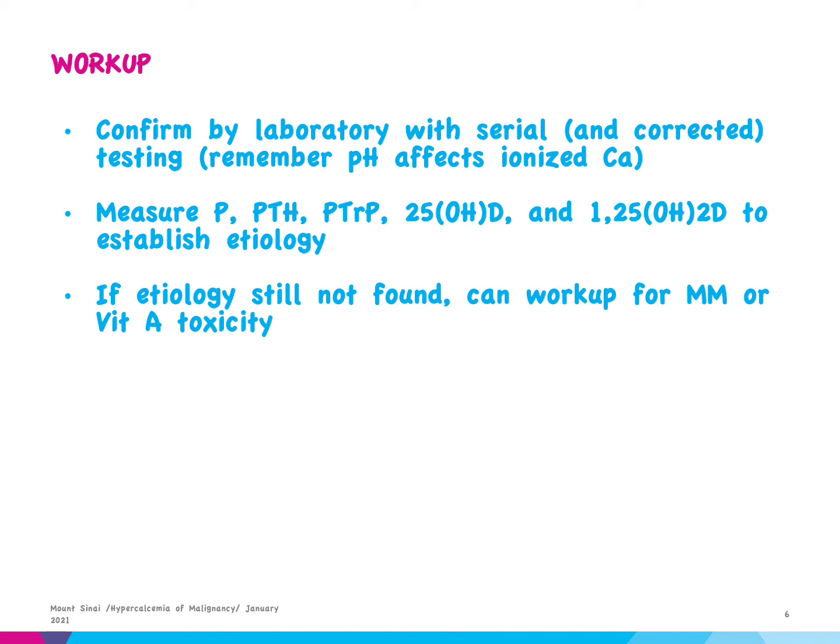You can measure phos, PTH, PTHRP, 25-hydroxy vitamin D to detect for hypervitaminosis, and 125-hydroxy vitamin D to help establish the etiology. This last one would be more commonly caused by lymphomas. So sarcoidosis can also cause it by a similar mechanism. If the etiology is still not found, you can work up for multiple myeloma or vitamin A toxicity.